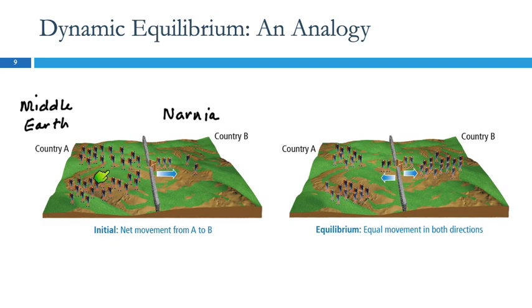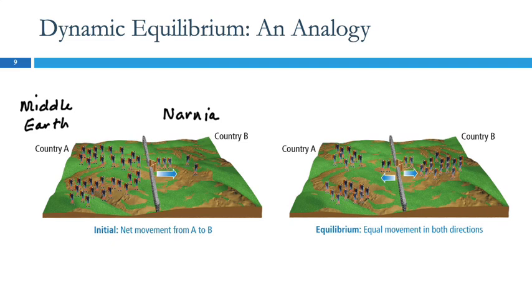So we have people moving from Middle Earth to Narnia. If there's essentially nobody living here, we can't have people moving the other direction, right? There's not really anybody there to move back, right? But as more and more people move to Narnia, the population in Narnia increases, the population in Middle Earth decreases. And so now, because there are more people here and people are always dissatisfied with where they are, some of them are going to say, well, I'm going back over here because it's not so crowded anymore and this place is getting crowded, whatever the reason.